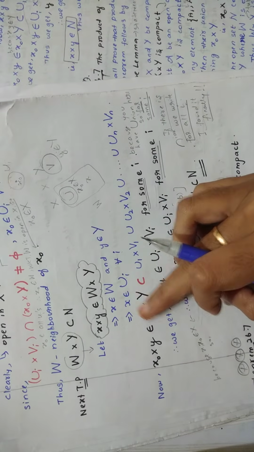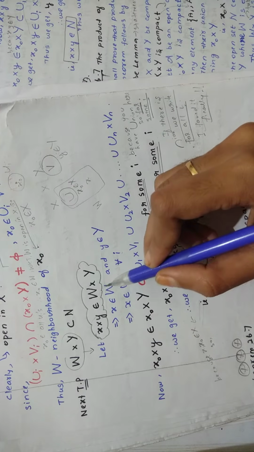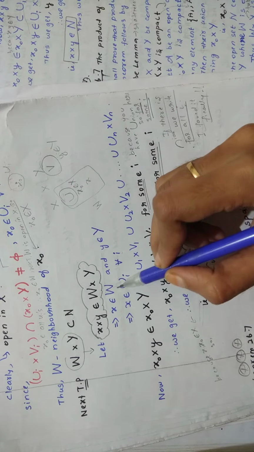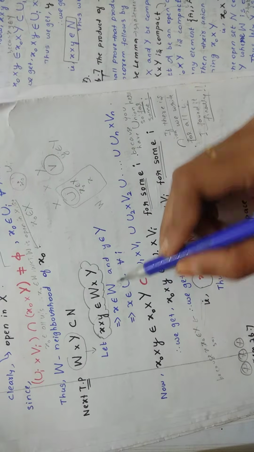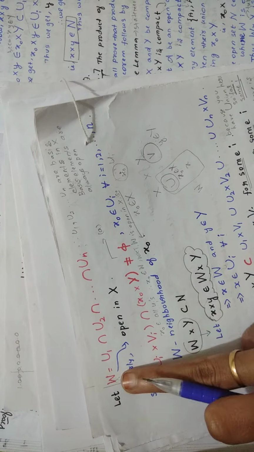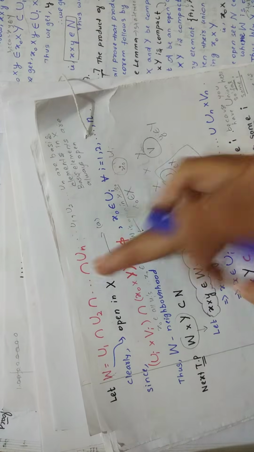Now, considering this, and by considering this you write the next step. x belongs to W means, you know that W is the intersection of these values, right? Intersection means what?